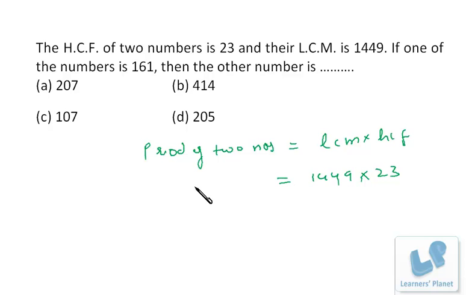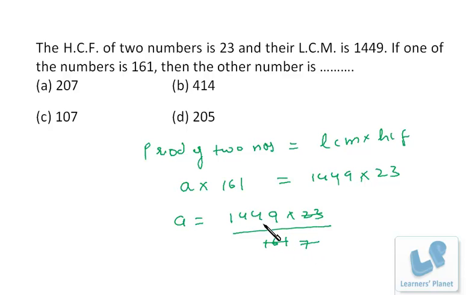One number I assume to be A and the other is 161. So A is equal to 1449 into 23 by 161. Okay. So 23 sevens are 161, 7 twos are 14, 0 and 7 sevens are 49. So it's 207. That means the other number is 207, right?